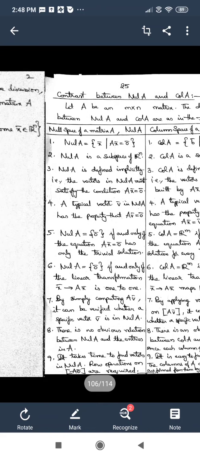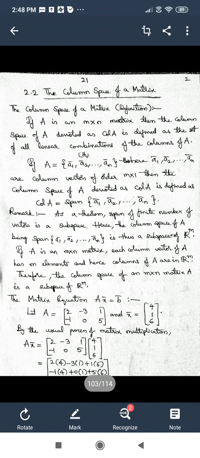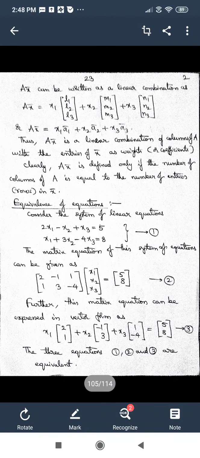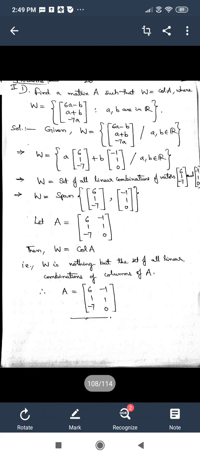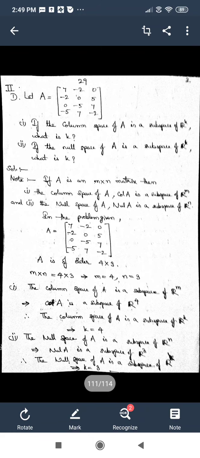So go through the definition of column space of a matrix, then the matrix equation Ax bar is equal to B bar. Understand these things well. Equivalence of relations have been given. Contrast between null A and column A that we have discussed in the earlier class. And then these problems. Try to do these problems on your own.